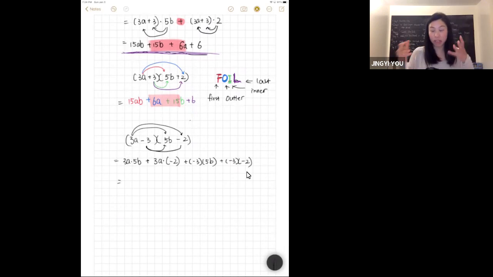So be careful about the terms, because you know that two negative numbers multiplied together is equal to a positive, and one positive and one negative multiplied together is equal to a negative. So 3a times 5b is equal to 15ab, no doubt. But 3a times negative 2 is equal to negative 6a. And then negative 3 times 5b is equal to negative 15b, and negative 3 times negative 2 is equal to a positive 6.